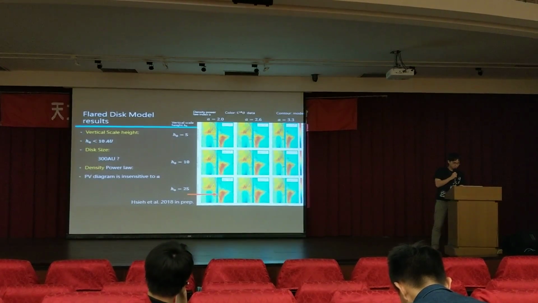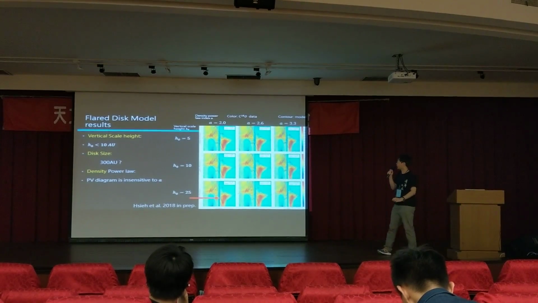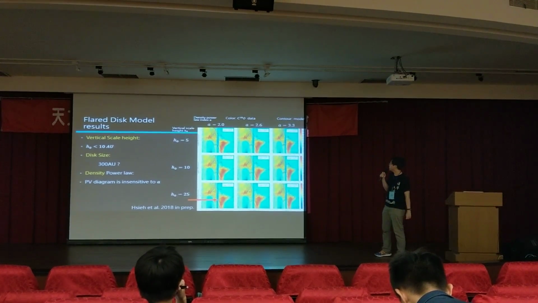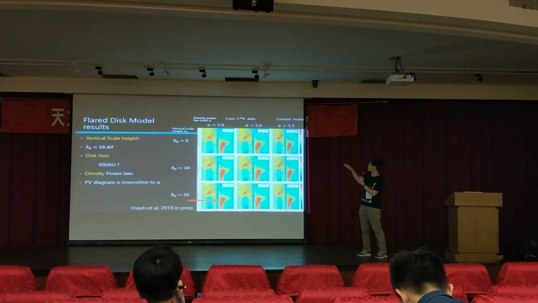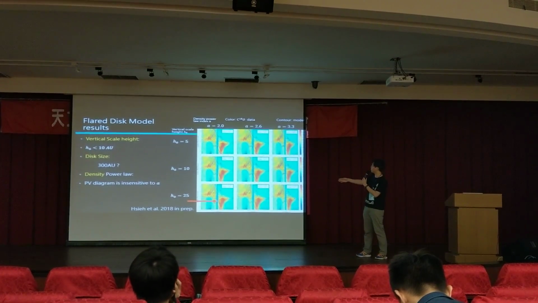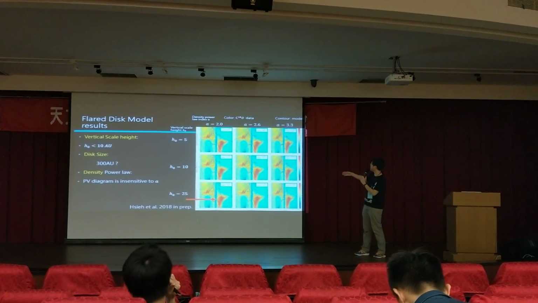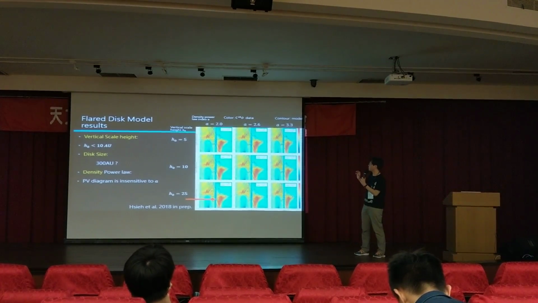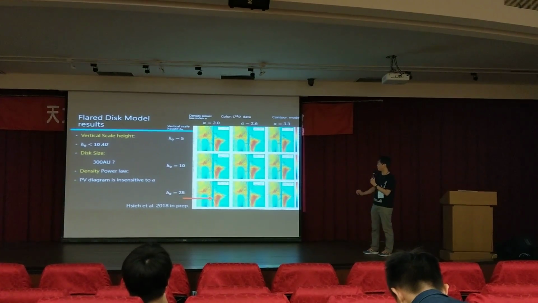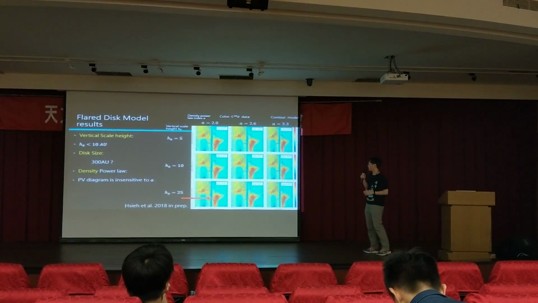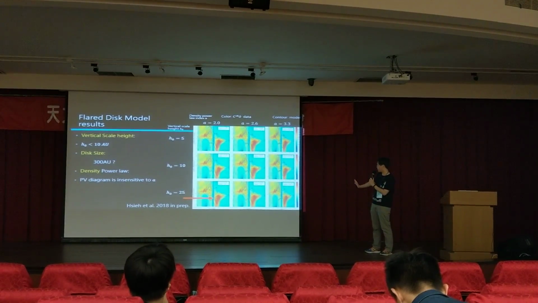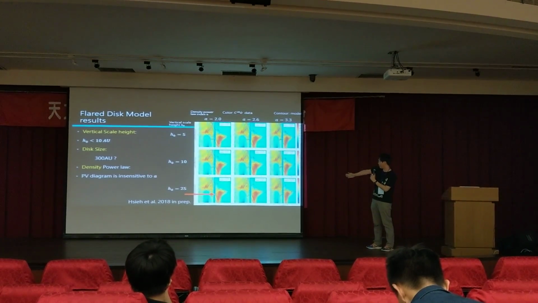For my flared disk model, I can start to fit the vertical scale height. A is the density power law index, with values 2.0, 2.6, and 3.3, and H0 is the vertical scale height at 100 AU. If you look closely, for H equals 25, the central peak is shifted.